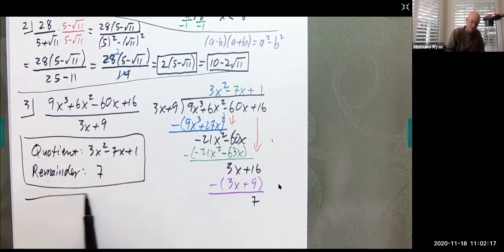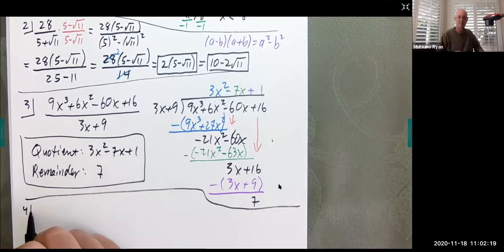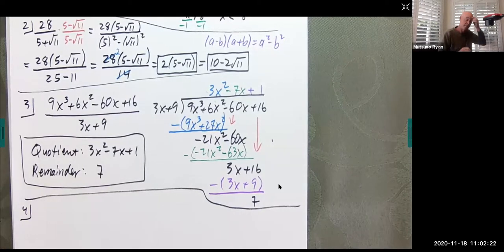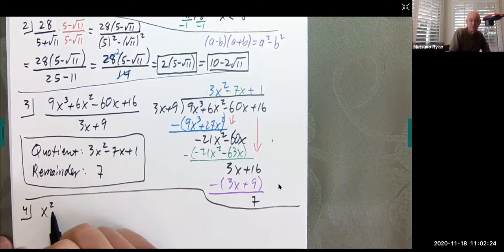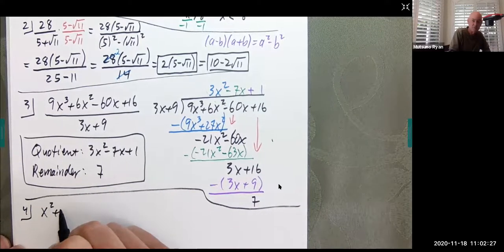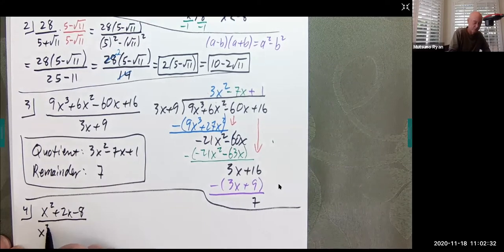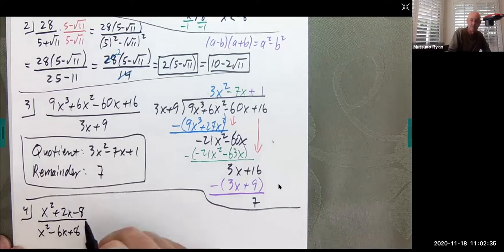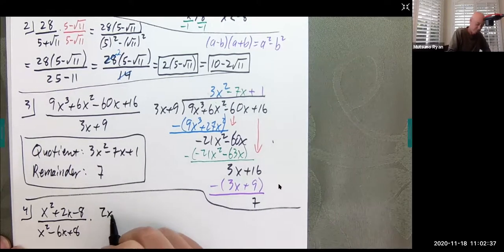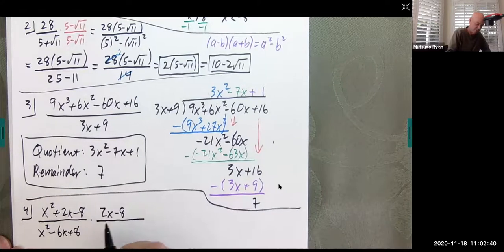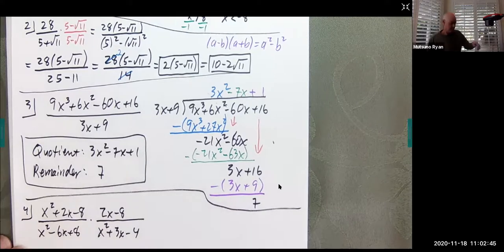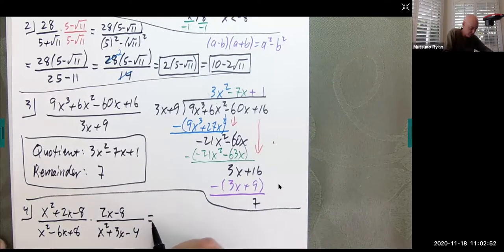All right, number 4 has 2 parts. We have rational expressions here. And when we multiply, we just multiply straight across. And I'm going to go ahead and start factoring as well. So I'm going to factor this one here.